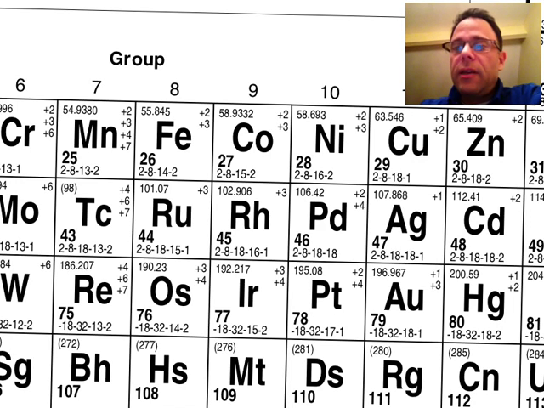Iron is Fe, and it could have a +2 or a +3. Most commonly the +2 because it would like to lose these 2 last valence electrons. Copper is another example I would like to use, a +1 or a +2. More commonly a +1 because it would like to lose that valence electron. Let's go to the next screen, take a look at them, and figure it out.